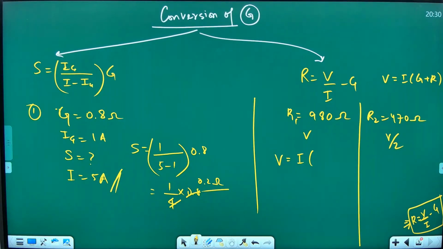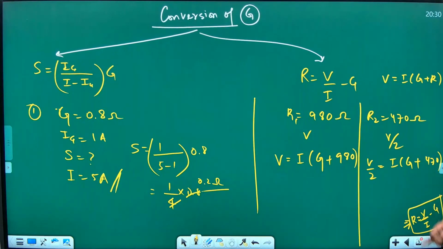The resistance of the galvanometer, G. Okay, G they are asking. So it will become G plus 980 in this case, isn't it? And here it will become V by 2 is equal to I into G plus 470, if I am right, isn't it? Now you can divide both.